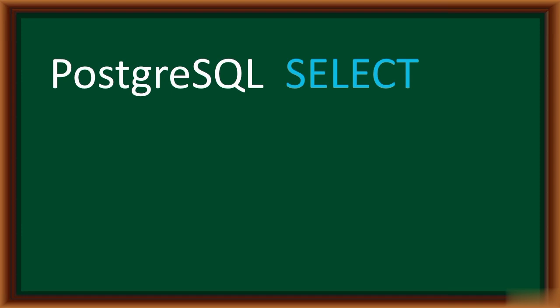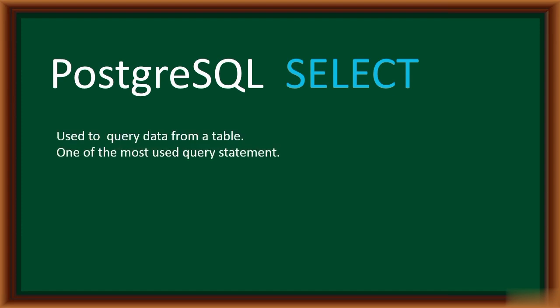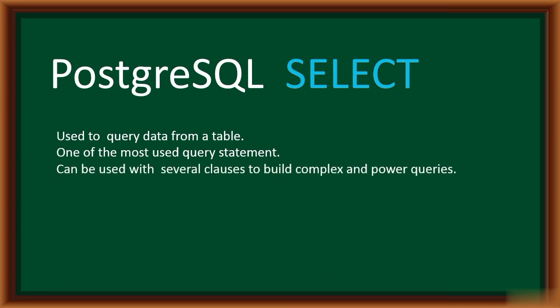The SELECT statement is basically used to query data from a table. It can be very basic, or you can make it complex by combining it with several clauses. So you can use it in combination with other clauses to make the SELECT statement more complex and powerful.